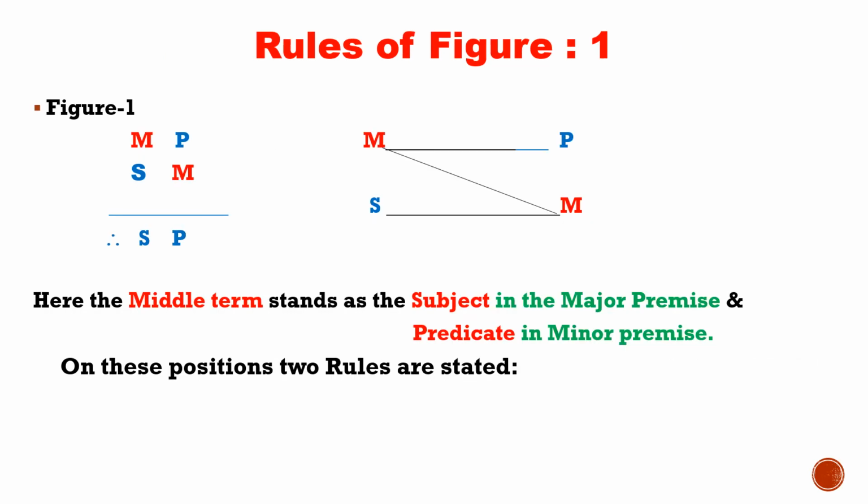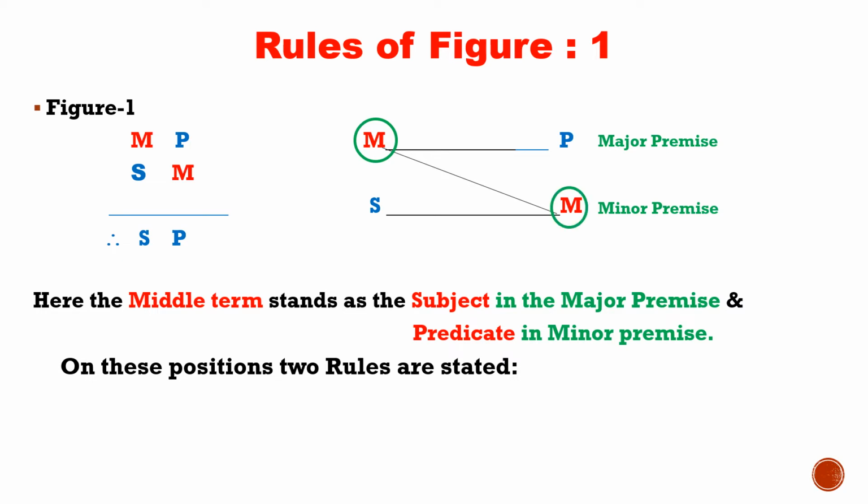Now we'll see the rules of figure 1. Here we know that the middle term stands as the subject in the major premise and the predicate in the minor premise. The first premise is the major premise and the second is the minor premise, where the middle term M stands as the subject in the major premise and predicate in the minor premise.